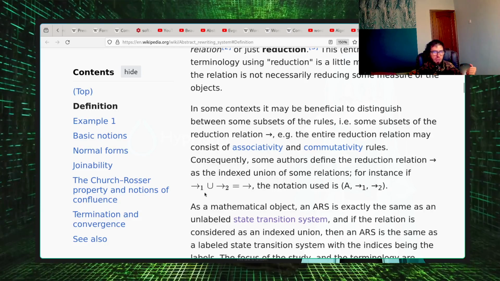For instance, if they have this arrow 1 and arrow 2 relation, they can take the union of these two relations and build a new relation, just arrow. The notation used is A, arrow 1, arrow 2.